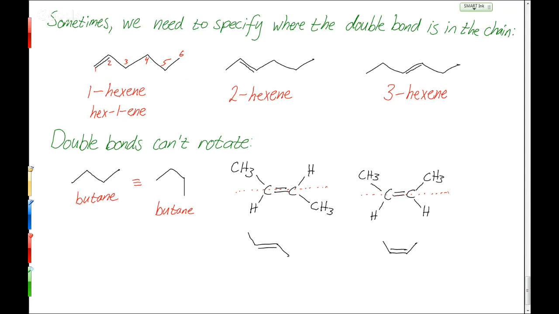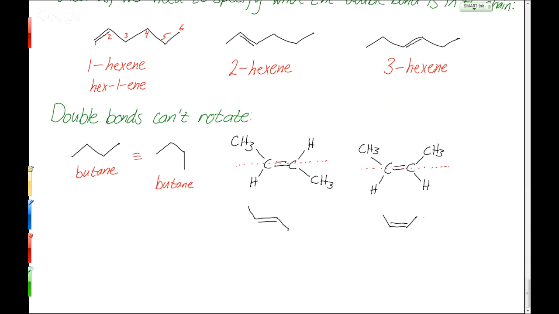Everybody see that? So the way we differentiate those, because these are both types of 2-butene, the way we differentiate them, since they are actually different structures, is we call this one trans 2-butene, and we call this one cis 2-butene.